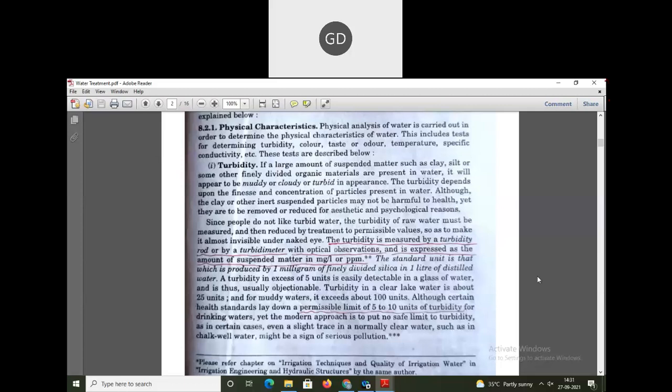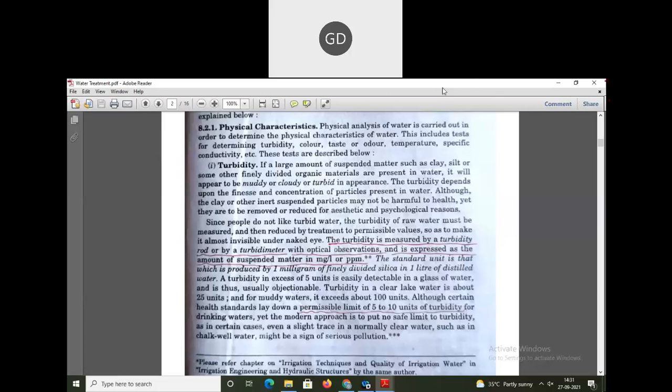If turbidity is in excess of 5 units, it can be detected in a glass of water. In clear lake water, the turbidity is about 25 units, or 25 milligram per liter.